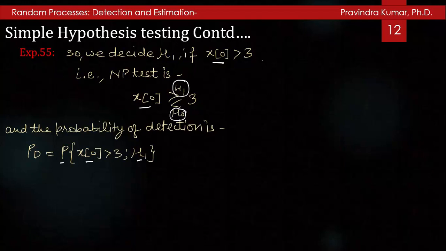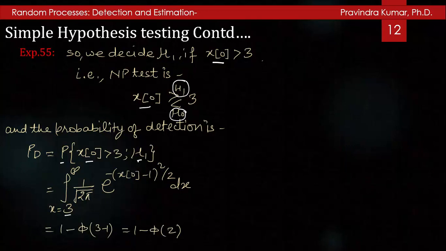And the probability of detection PD is equal to the probability of x0 greater than 3 when H1 is true. Because the observation is greater than 3, this means integrating from 3 to infinity the PDF under hypothesis H1, 1 upon root 2 pi e to the power minus (x0 minus 1) whole square by 2 dx.